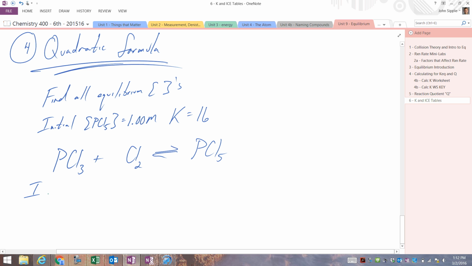So set up your ICE table. If they don't tell you what it is, it's just 0. They don't give you an initial concentration, it's just 0.